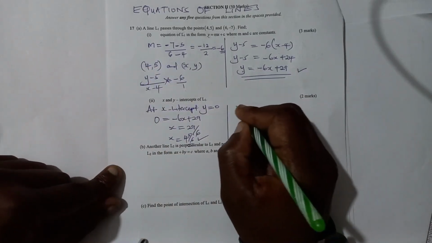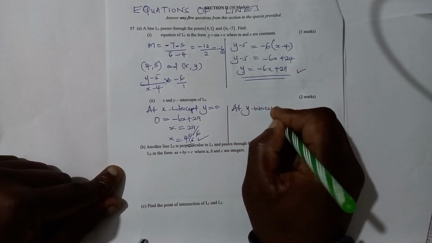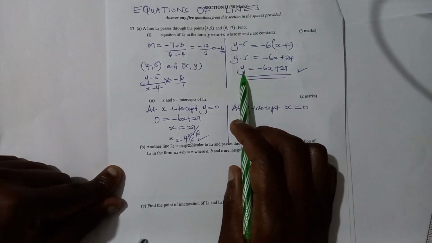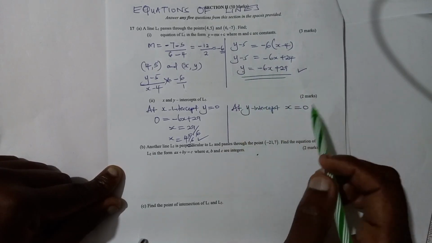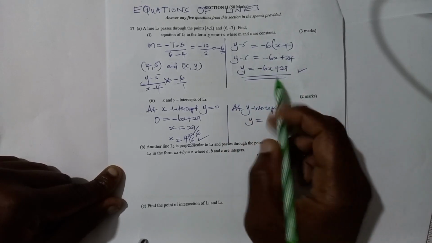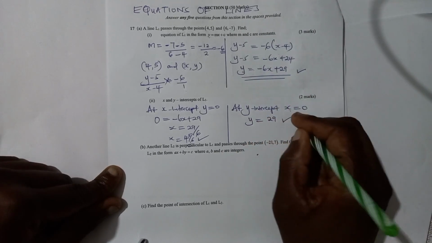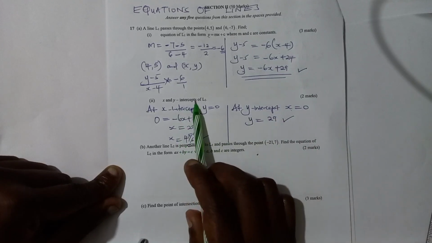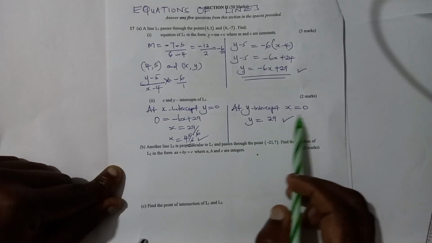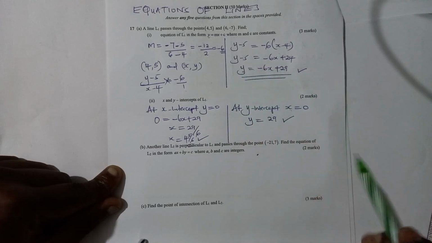You should know that at the y-intercept, x is equal to 0. So again, we take the equation of line 1, and where we have x, we substitute 0. So y is equal to 0 plus 29, which is 29. Therefore, the x-intercept is 4 and 5/6, and the y-intercept is 29. That is, you get the y-intercept after substituting x with 0 in this equation. Now let's go to the other part.